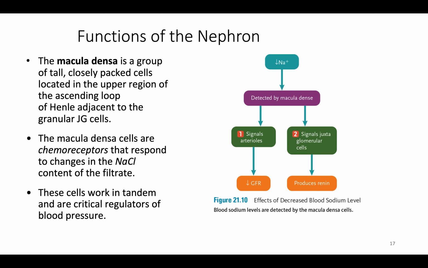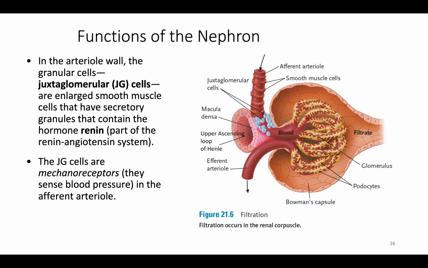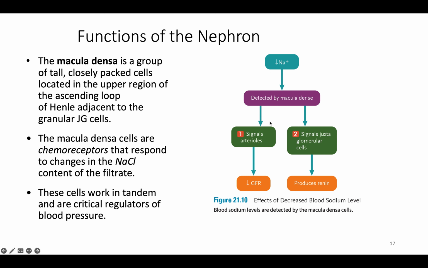Now, chemoreceptors are chemical receptors, and they're specific to the chemical that they detect, but these chemoreceptors are going to detect sodium chloride or salt in the filtrate. And they're going to work hand in hand. So these cells here, the macula densa and the juxtaglomerular cells, work hand in hand to control blood pressure by also being able to control the solute concentration of salts, okay?